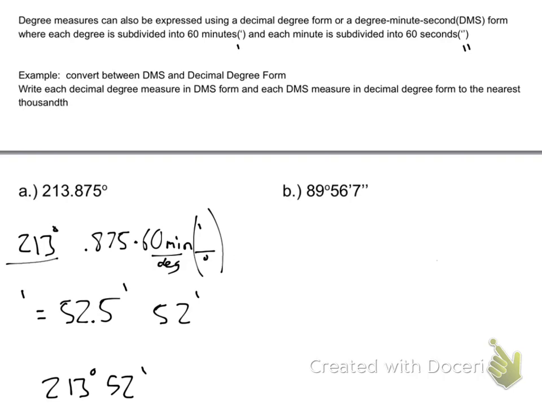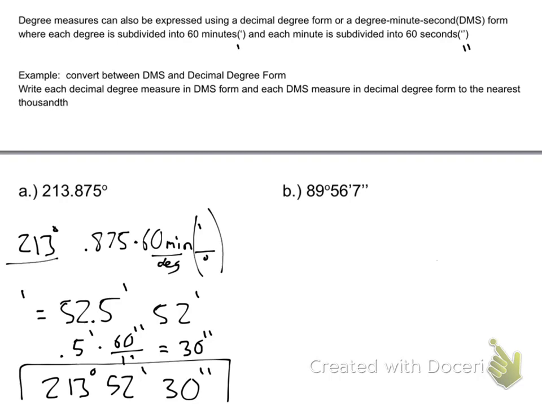So I take the decimal that I had here and multiply: 0.5 minutes times 60 seconds over 1 minute will equal 30 seconds. So your number is, instead of 213.875 degrees, 213 degrees, 52 minutes, 30 seconds.